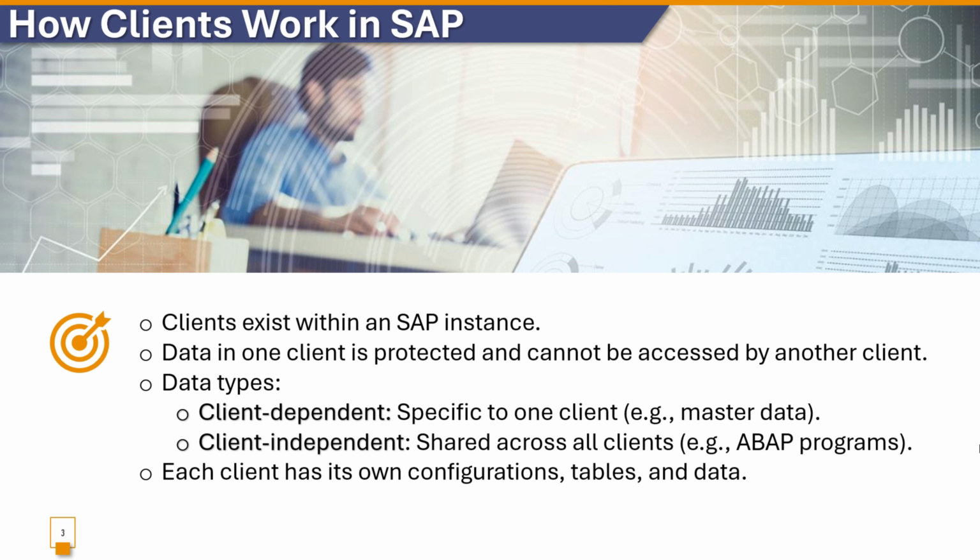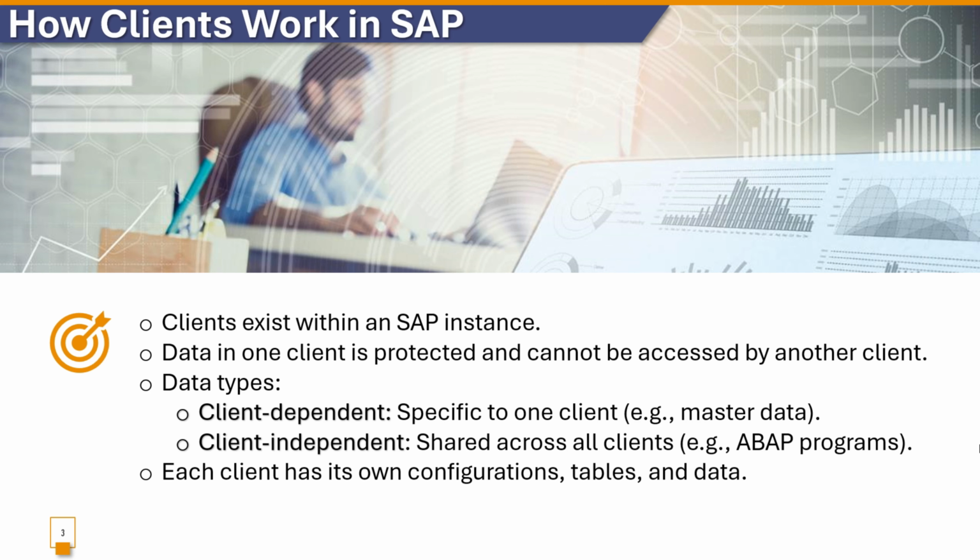Client dependent data is specific to one client, such as master data. Client independent data is shared across all clients, like ABAP programming or system-wide configurations. The key is that each client has its own configurations, tables and user data, ensuring that everything is kept organized and secure.